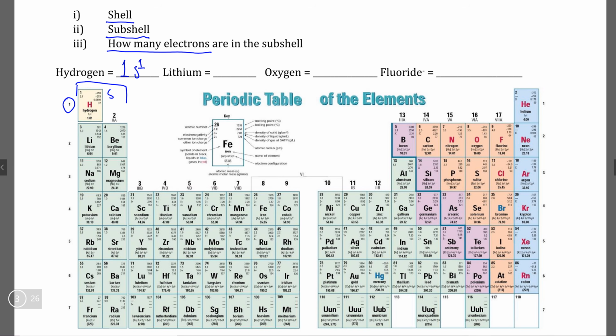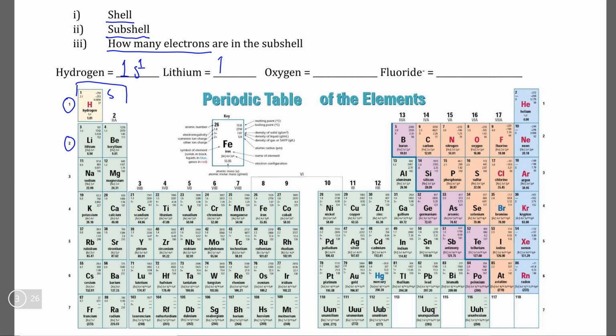Now, if we go down, we see that lithium is located at energy level 2, and if we count lithium's total number of electrons, it would be 1, 2, 3. So what that means is that lithium's electron configuration needs to have 3 electrons in total. So its first 2 electrons would be at the same level as hydrogen's.